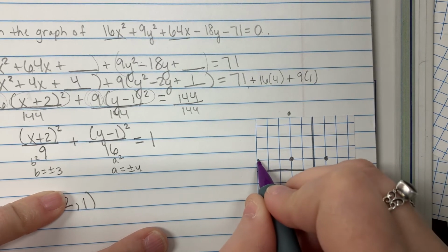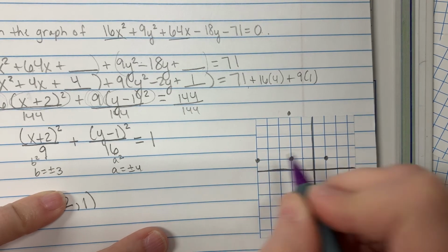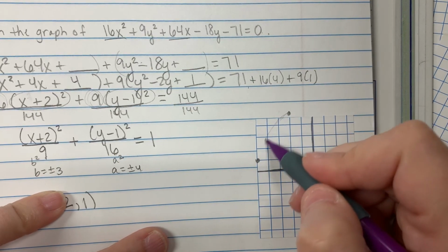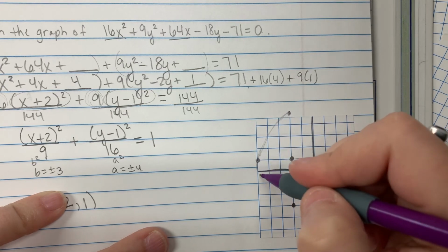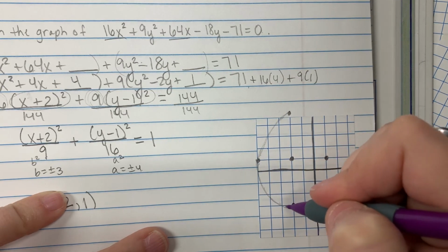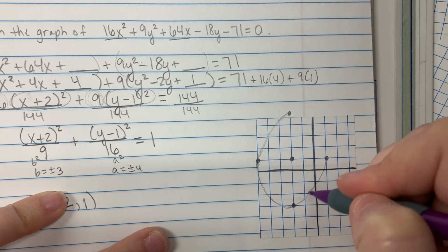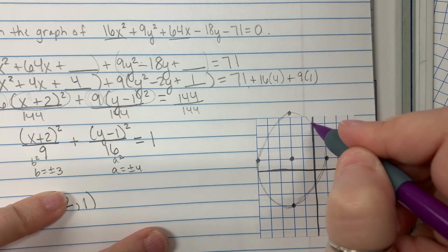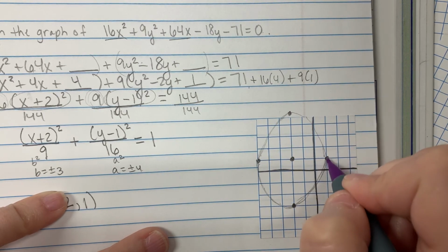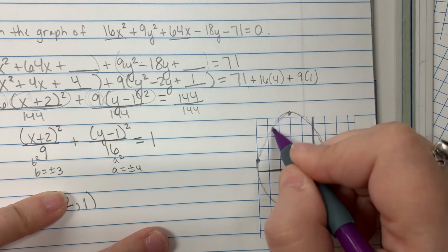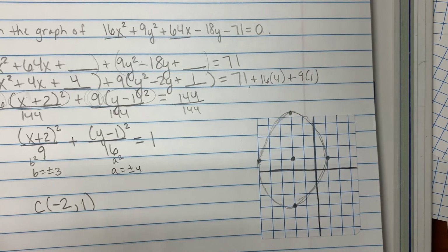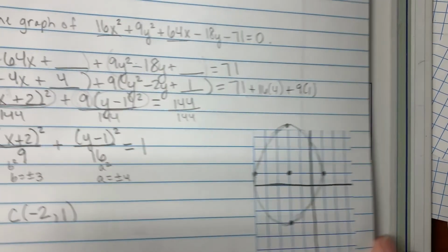And 1, 2, 3. It'll be right there. So I've got this ellipse. It looks very circular in this case. It's because they're pretty close to each other. I'm really bad at sketching these guys. It's not too bad. Okay, so that's a nice sketch of that one.